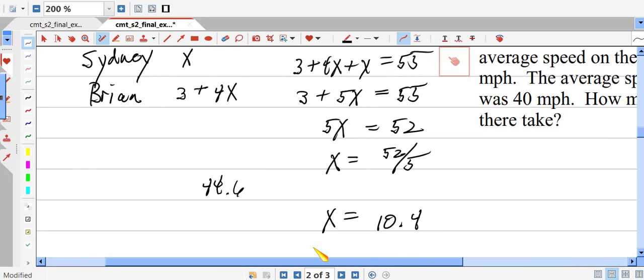Okay. So 4 times that. No, that's my problem. 4 times that is 41.6. So 41.6 plus 3 is 44.6. No, 45.6.